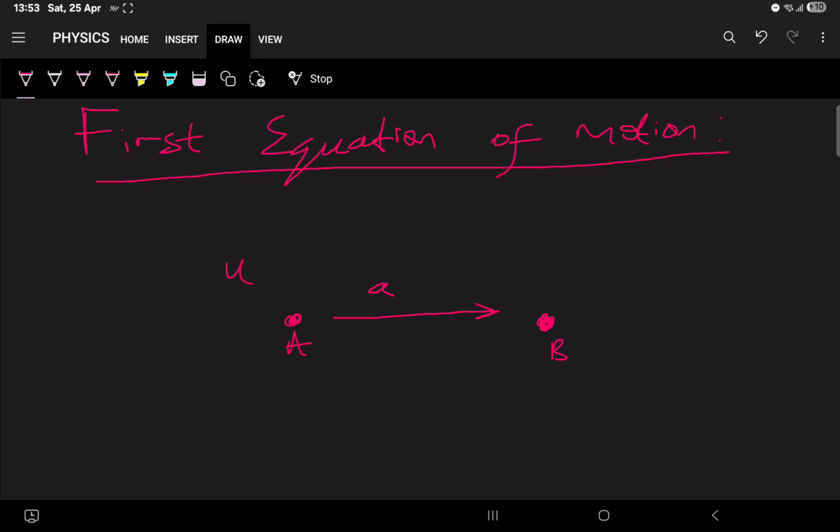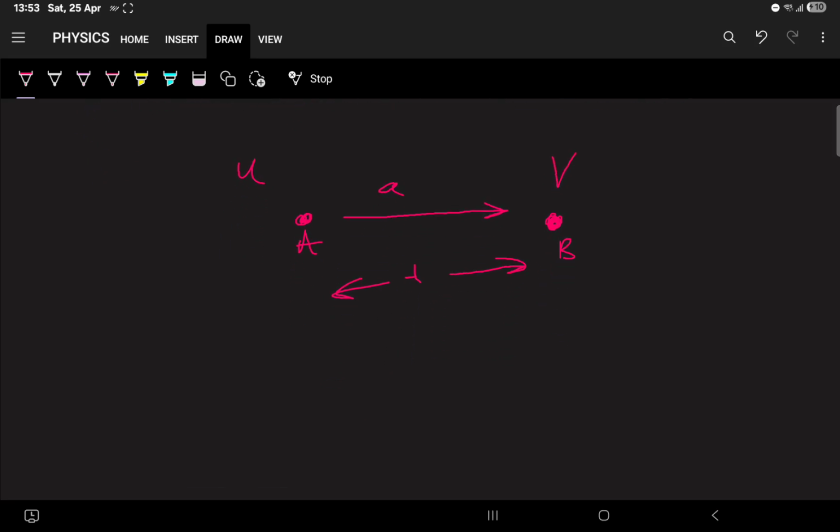Just like the first scenario, we had a time interval t, which is the time taken to go from A to B. After the end of the time interval, it will attain the final velocity, which we represent by v in meter per second also.